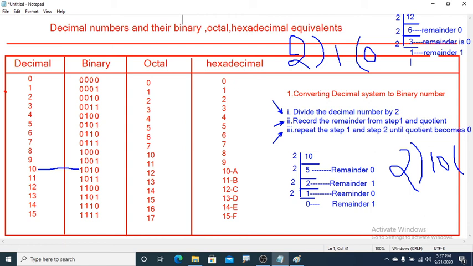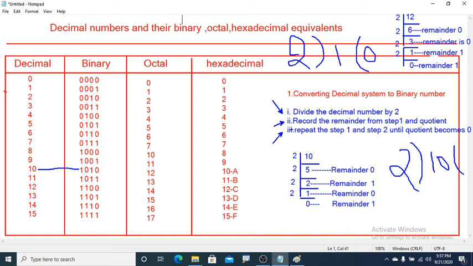Again I am taking 2 here, and the quotient is 0. Now the remainder is 1. So until the quotient becomes 0 we have to repeat step 1 and step 2.